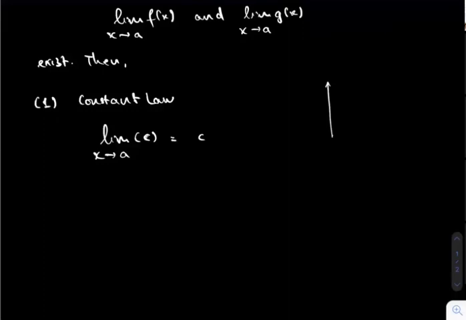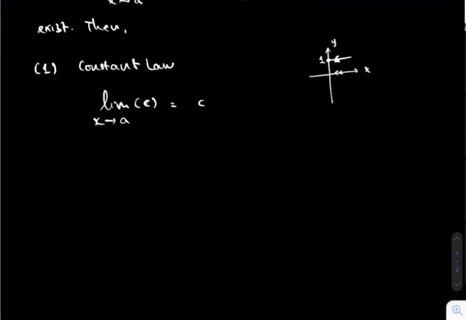Just like the problem we saw yesterday, if you have a function like this step function, as x goes to 0 from the right, the function approaches the value 1. So the limit of a constant as x approaches a is just equal to the constant itself.